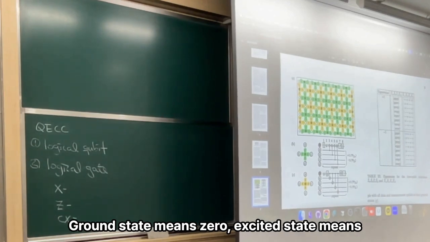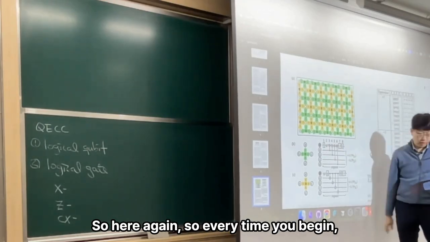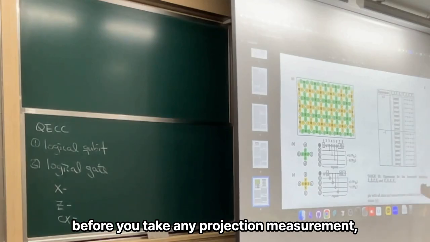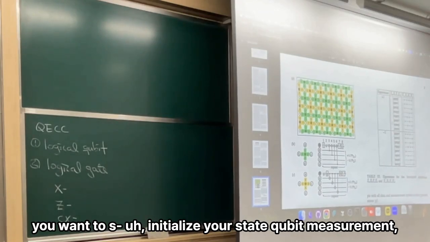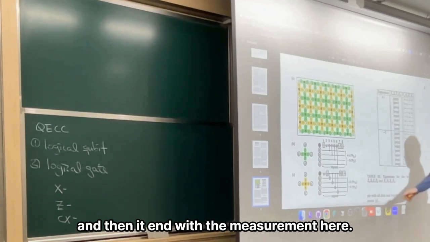Ground state means 0, excited state means 1, so you can just replace G with 0 and E with 1. Before you take any projection measurement, you initialize your measurement qubit in the ground state, 0 state, and then it ends with the measurement here.